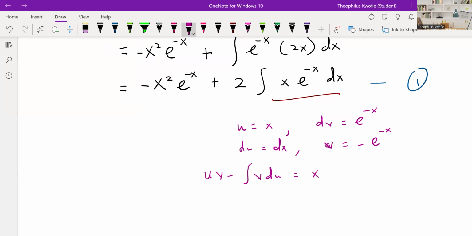My u is x. My v is minus e to the power minus x, and minus, what is my v? My v is minus that, so that becomes positive, right? And then my du is dx. Is that okay? So on that note, I'm going to have something, and then the integral of this is what?